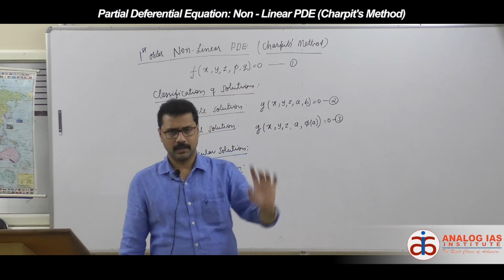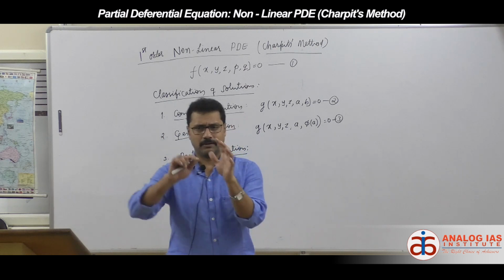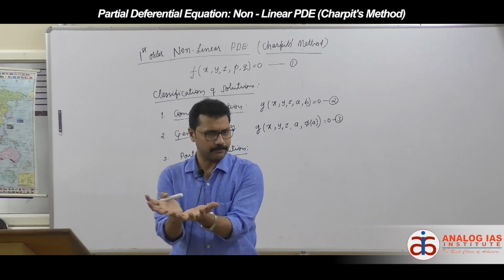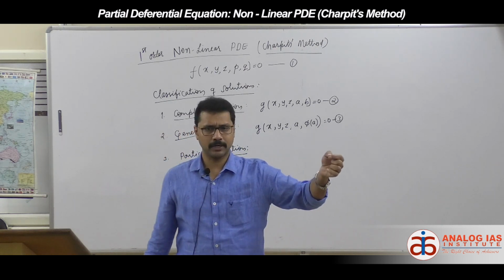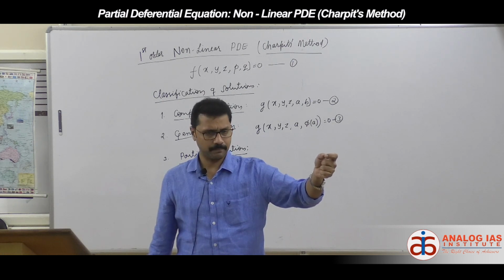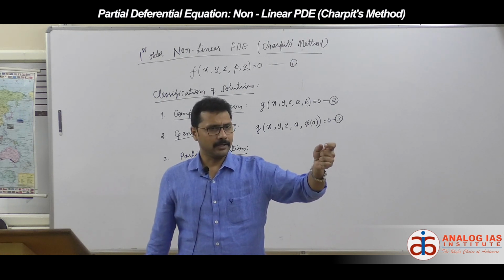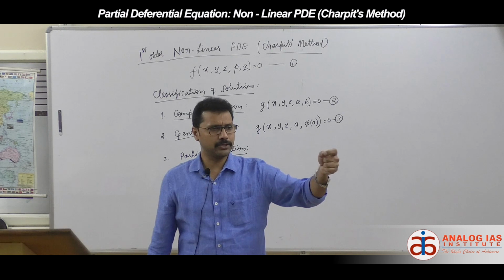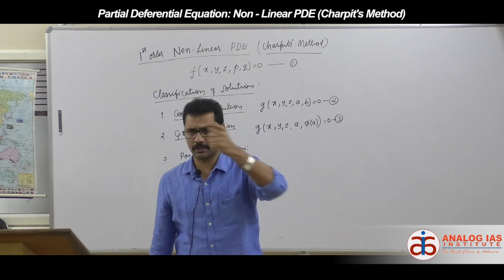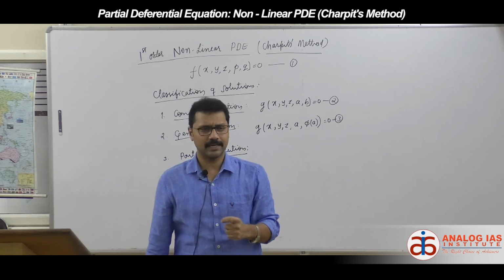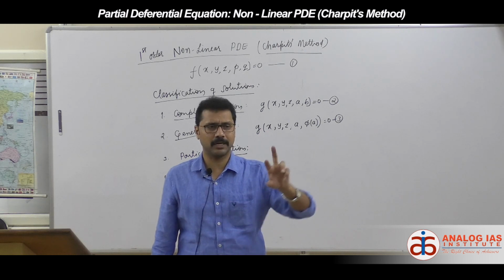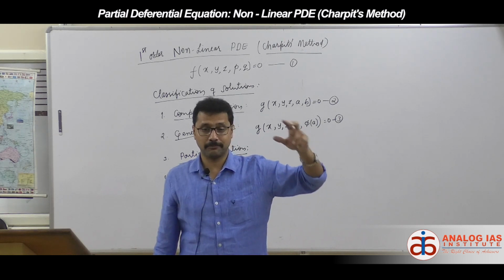Listen to me just one minute. We have a spherical surface, and I have a point outside it, through which you draw tangent lines to the sphere. How many tangent lines can be drawn to the sphere from an external point? Infinitely many.